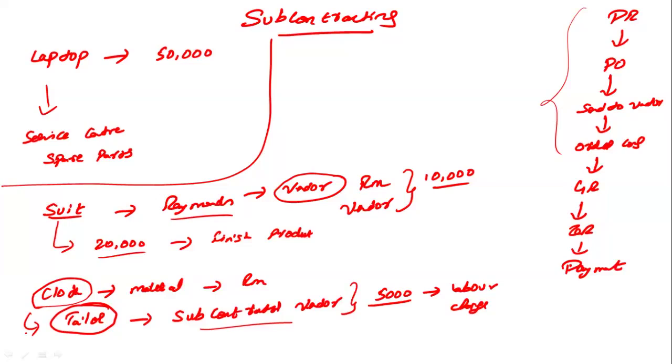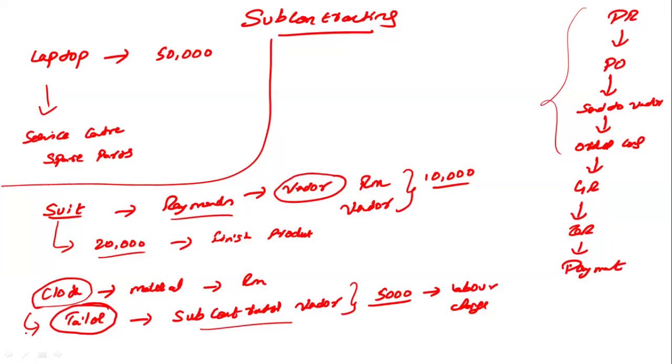The company or the business provides the raw material to the subcontracting vendor, and the subcontracting vendor converts that raw material into a finished product. And we will not pay for the finished material. We will pay the subcontracting vendor only for the labor charge, or we can call it the processing charge also. So this is the definition of the subcontracting process.